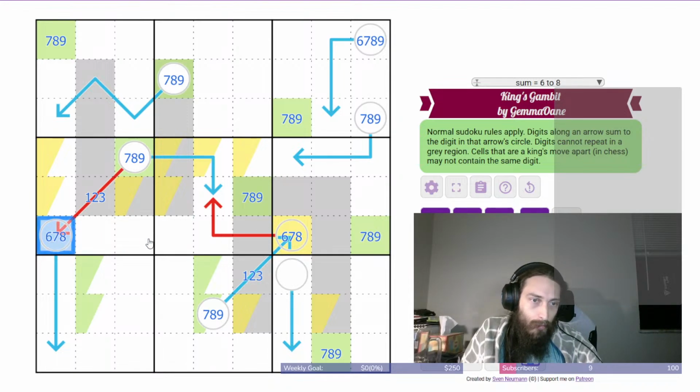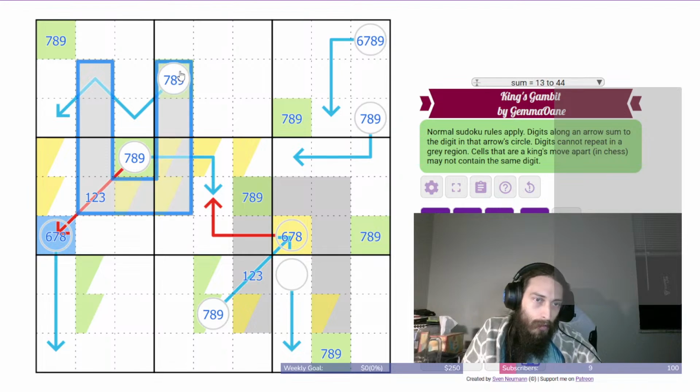So let's call it blue. Where's blue in this U shape? Well, it's not in this box. It's not green.